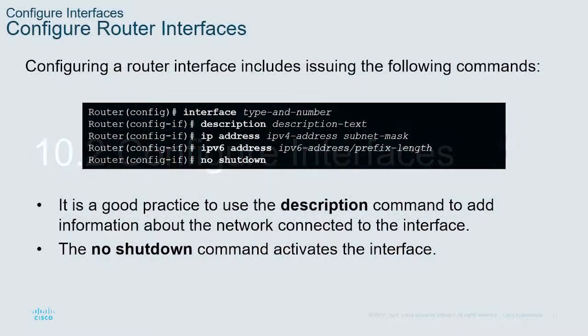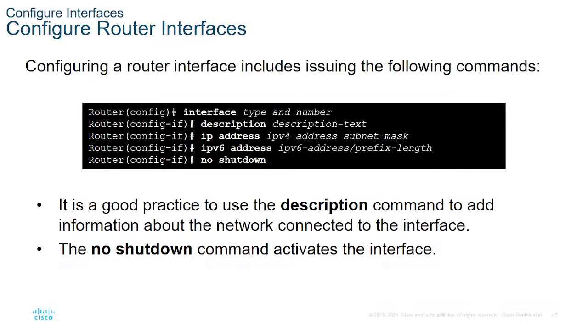Now we need to learn how to configure interfaces. So a router will have many interfaces. Now we need to understand how interfaces are activated, how interfaces are configured, and how they can be assigned addresses, how they can be described, things like that.